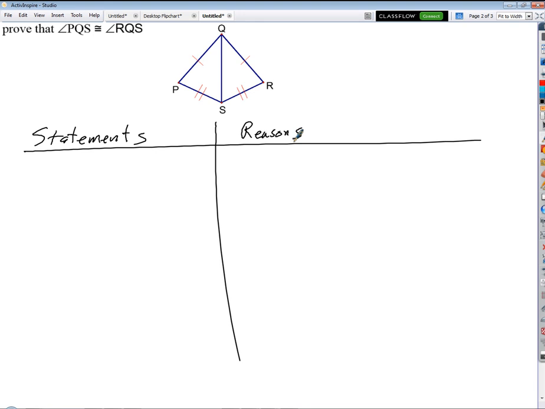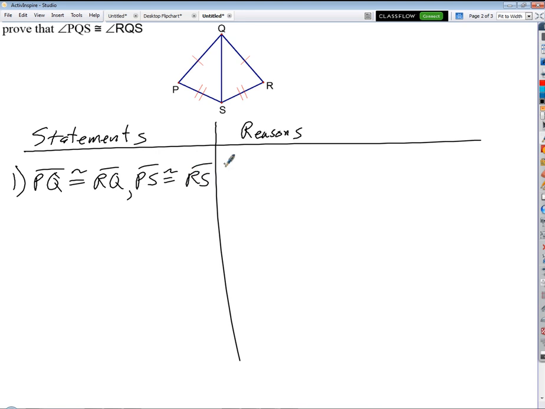Okay, so we know that what's given to us is that segment PQ is congruent to segment RQ, right? And then what else? Segment PS is congruent to segment RS. Agreed?